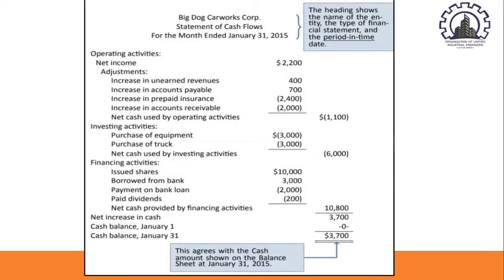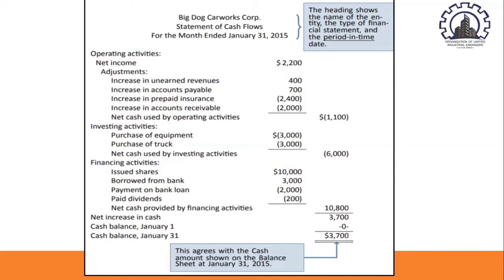You have their operating, investing, and financing activities, respectively. In the right corner, you have the respective figures of each list of activities, right? As you can notice, there are figures without parentheses, and there are also figures enclosed with parentheses. Those without parentheses represent cash inflows, and those enclosed with parentheses represent cash outflows.